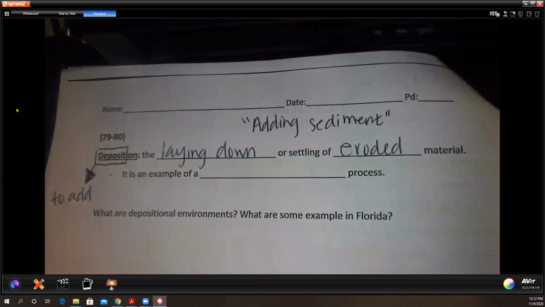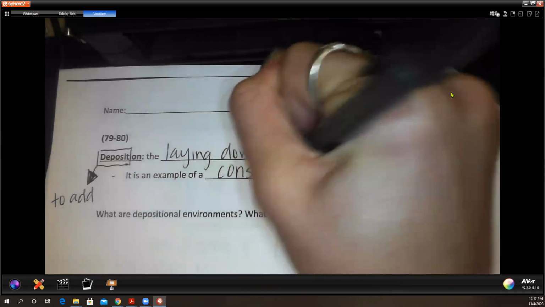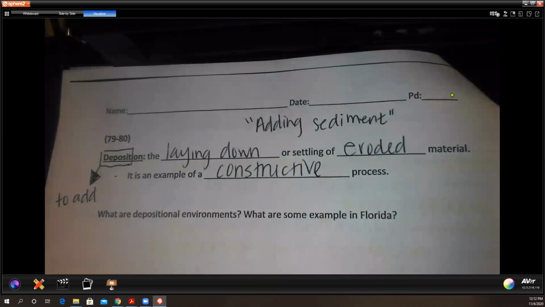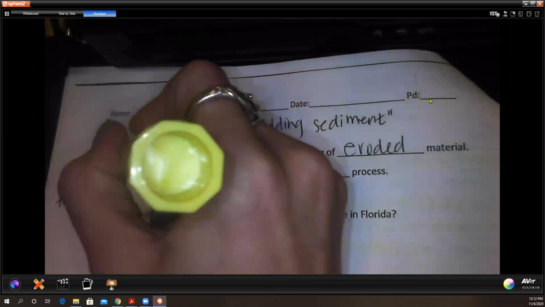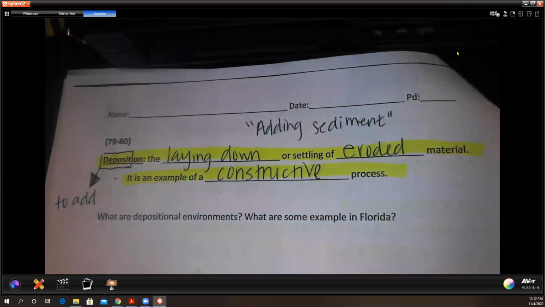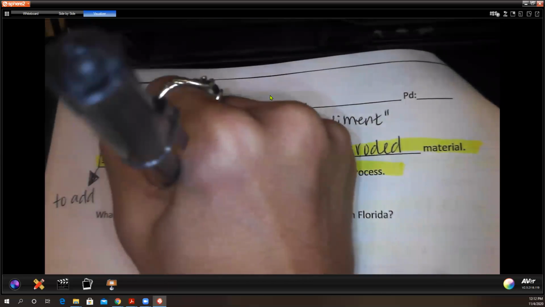So if I'm adding, is it going to be constructive or destructive? Constructive. Thank you for raising your hand, Helen. Constructive, thank you. It is constructive. And I like to put the example that I just said.